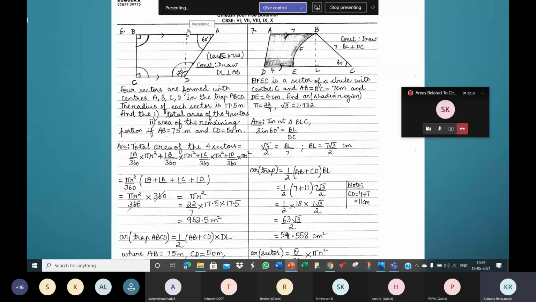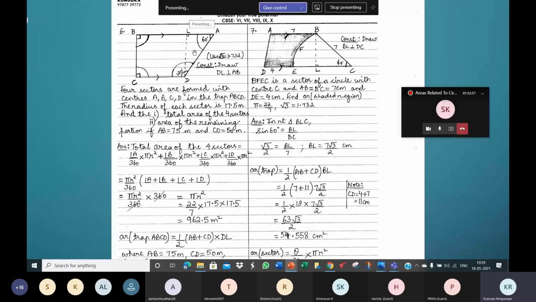Why are we finding AL? Because AL is a side of this triangle. We are trying to gather as much information as possible about this triangle ALD. In this triangle, we know one angle is 60 degrees, and we also found AL is 25 meters. This is more than sufficient.